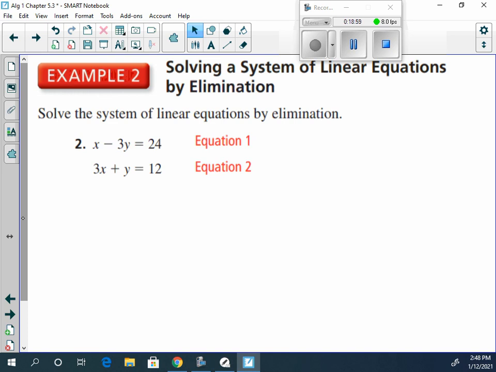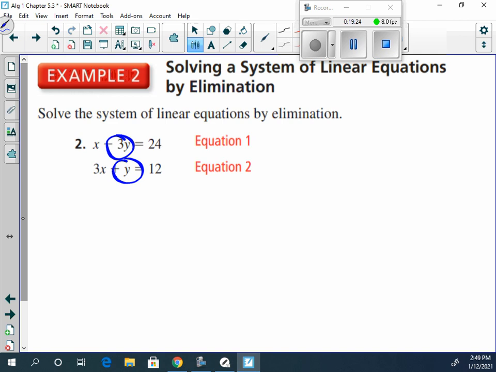Why? If we look at the y's, one of them is 3y, the other is just y. When we try to make them the same, it's always easier to make them bigger instead of trying to make them smaller. So 1y is the smaller one.